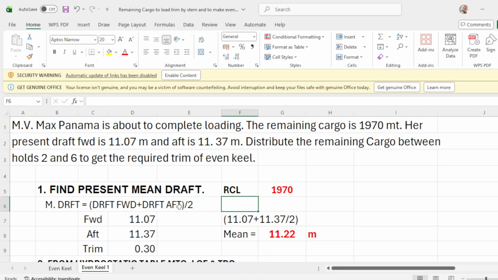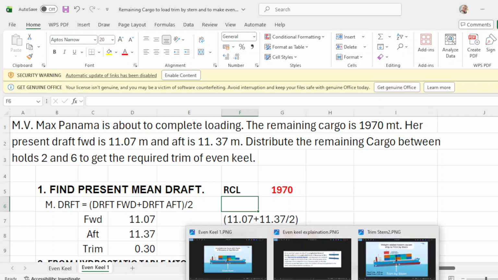And present draft forward is 11.07 and aft draft is 11.37 and trim is 30 centimeters.